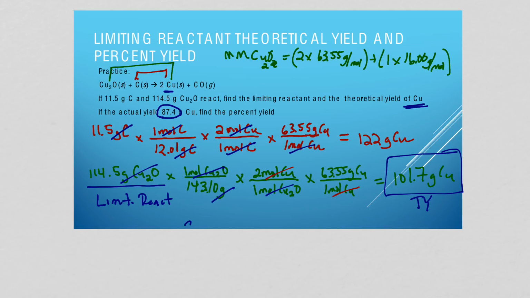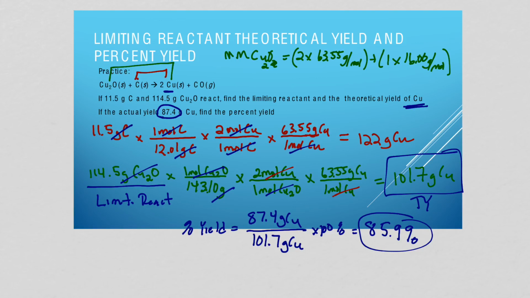So my percent yield equals the 87.4 grams divided by my theoretical 101.7 grams times 100%, and I get a theoretical yield, or excuse me, a percent yield of 85.9% yield.